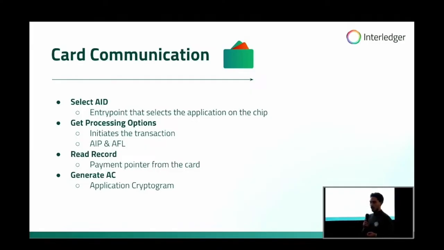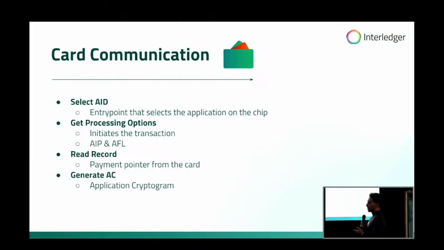The second command that we do is get processing options, which returns the AIP, which stands for Application Interchange Profile, and the AFL, Application File Locator, which we later use in the read record command in order to retrieve the payment pointer of the cardholder.